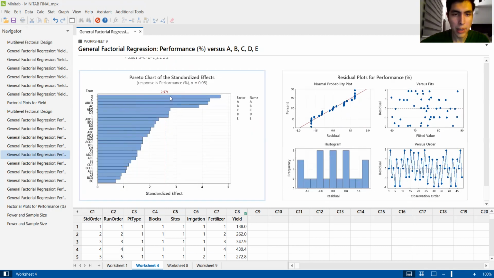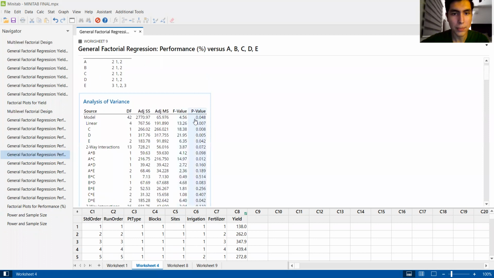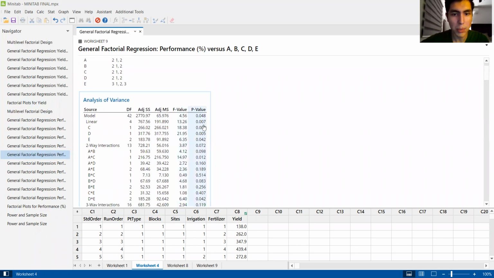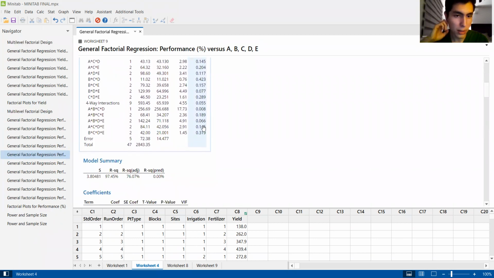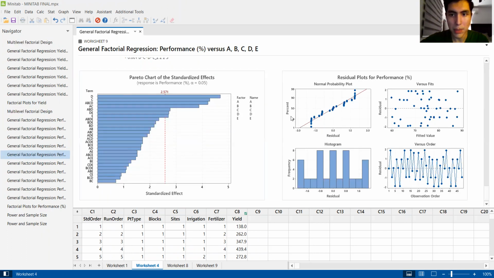Also, here we have the Pareto chart still showing which are the significant effects, as well as the ANOVA. We can see from the p-values which are the significant effects. So no unusual observations.